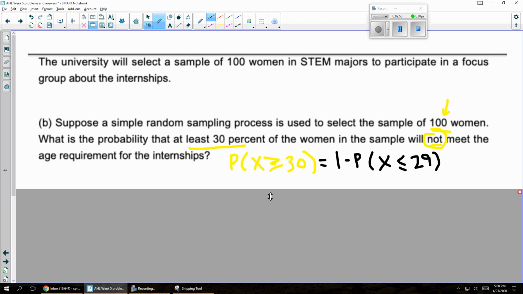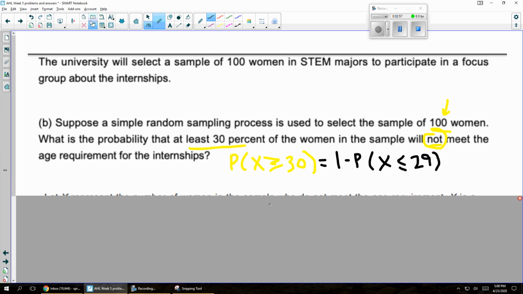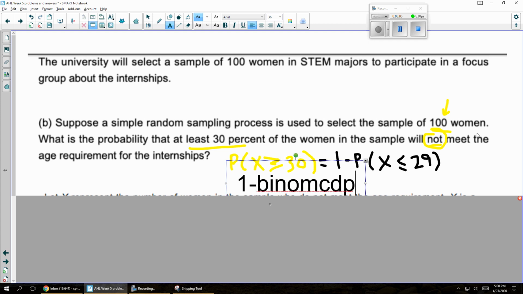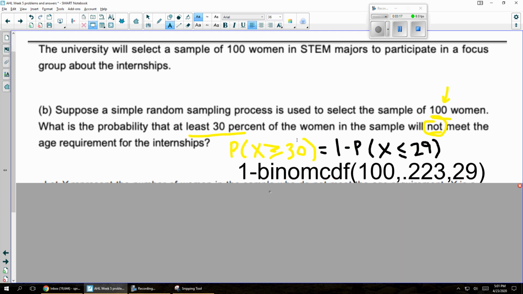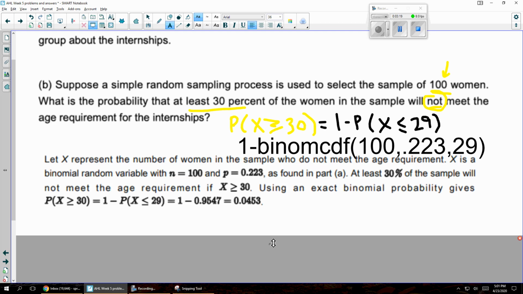Let's see if I can type this in here perhaps. So we've got 1 minus the binom CDF, not CDP, CDF of n, p, x. That function right there will give me this answer, and I bet that's what the solution will reveal.